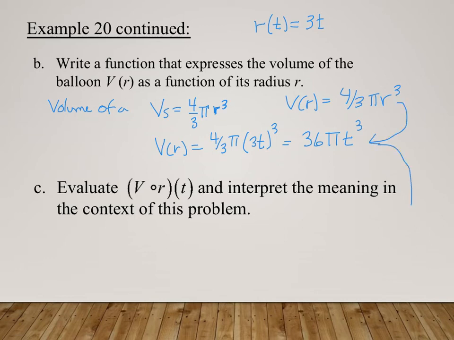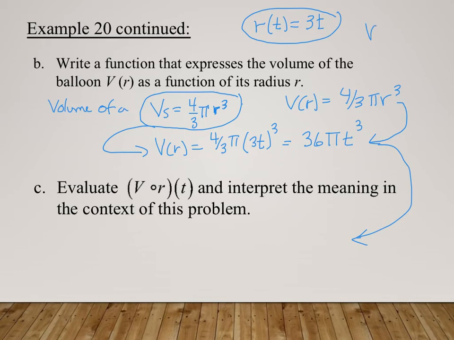So we're writing it that way in part C, right? So we go from the volume of a sphere, right, to writing it in terms of the composite function. There's a composite function here. The composite function is made up of two functions, v of r and r of t.